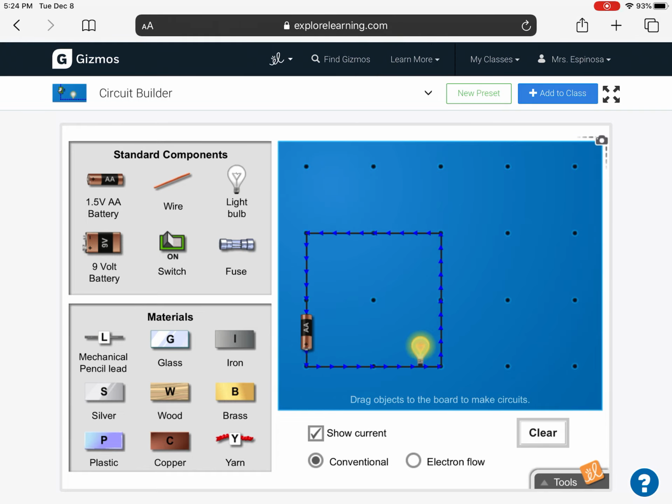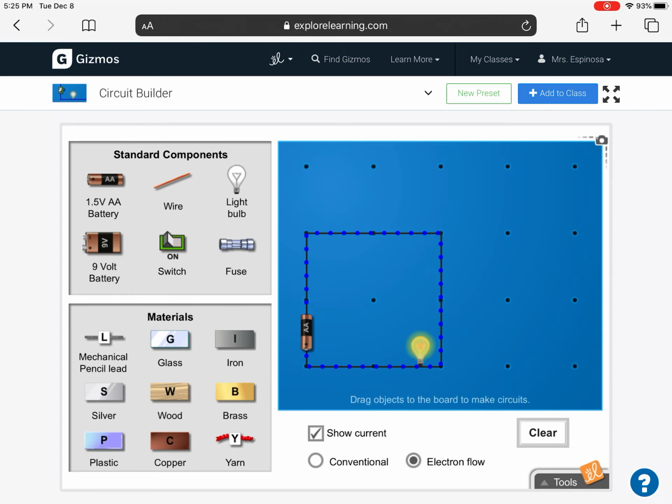So in the case of electric circuits, what we typically discuss as common conversation, kind of like general everyday knowledge, is the original thought, which actually illustrates for us how a positively charged thing would move. So we call this conventional flow.